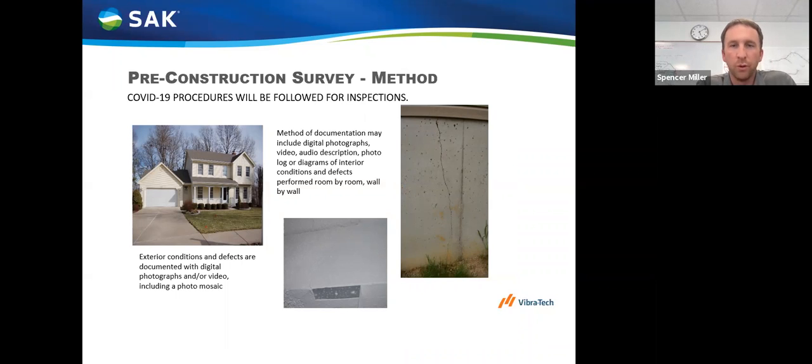They will come through, they'll go room by room, wall by wall, interior and exterior. And they're documenting the current condition, everything good and bad. So you see small examples of a small crack in the foundation there, or a plaster missing or something. So they're documenting all of this, and then should anything occur during construction, there is a pre-construction, we can do a post and figure out what happened, if anything.